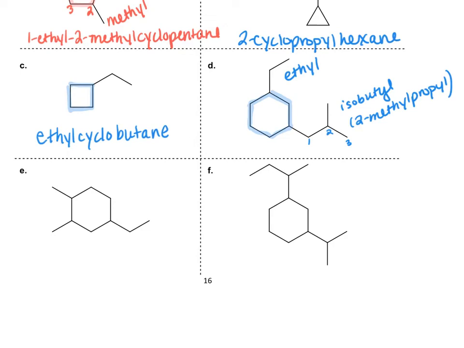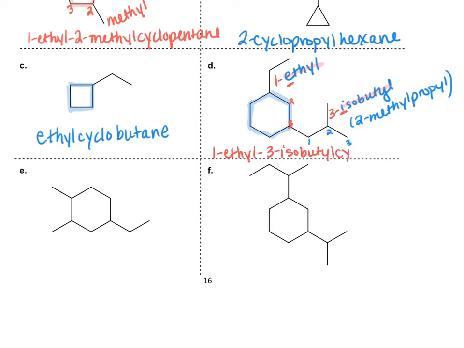So if we put this together, first let's use ethyl and isobutyl. So when we would put this together, ethyl comes alphabetically first. So we're going to call this number 1. Remember, we don't ignore iso. We alphabetize according to it. So this would be 3-isobutyl. So we'd have 1-ethyl, 3-isobutyl.